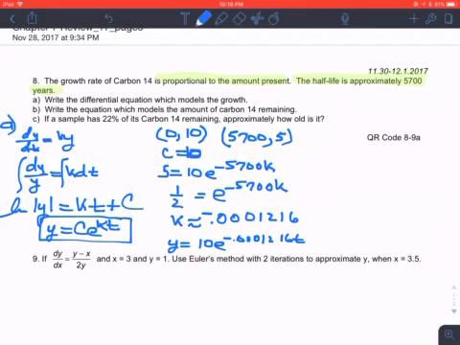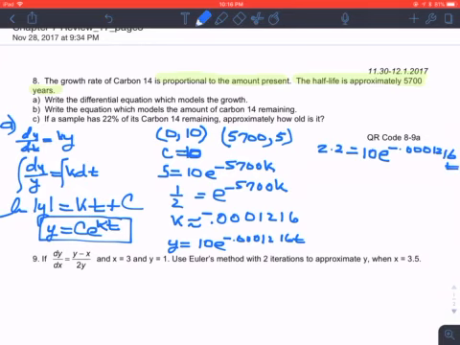Okay, for part C, it says if a sample has 22% of its carbon remaining, approximate how old it is. Well, 22% of 10, if we multiply it times 0.22, gives you 2.2 remaining. So we're going to say then that 2.2 is equal to 10e to the negative 0.0001216t.